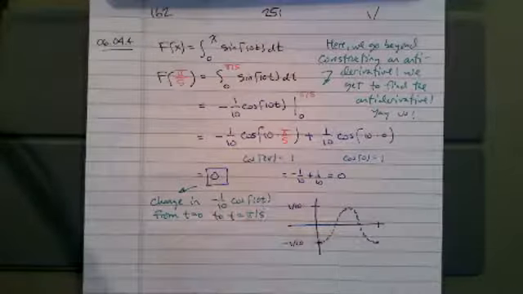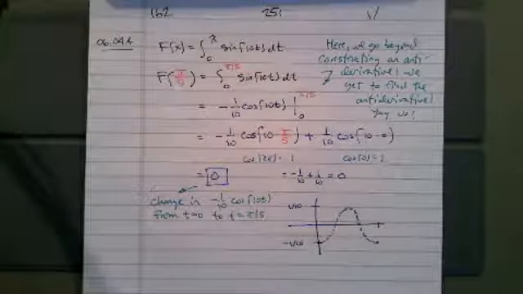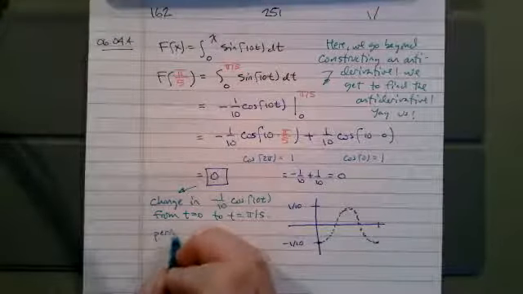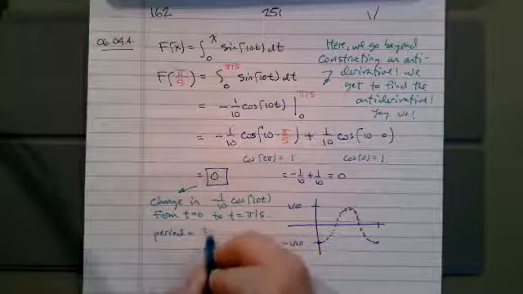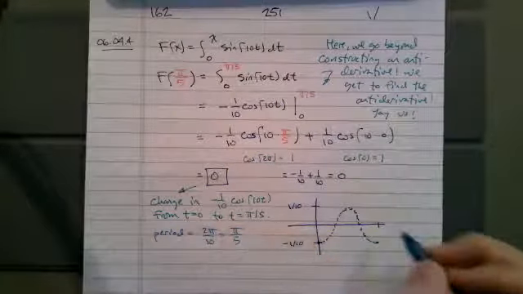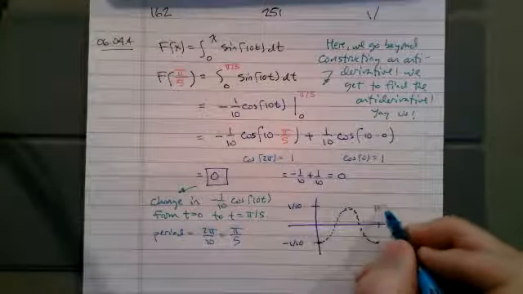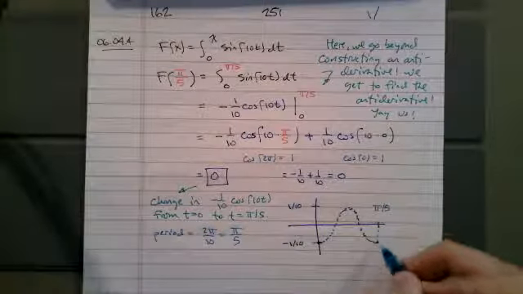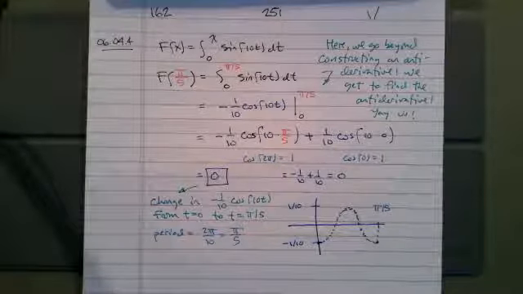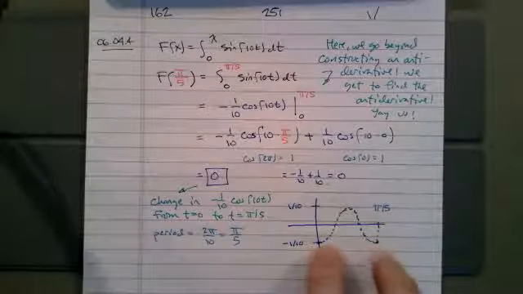Since the coefficient of t is equal to 10, the period of this function is 2 pi over 10, or pi over 5. So it goes back down to the bottom at pi over 5. So here's one cycle. When we integrate from 0 to pi over 5, we can see that the value of the cosine is back to where it started.